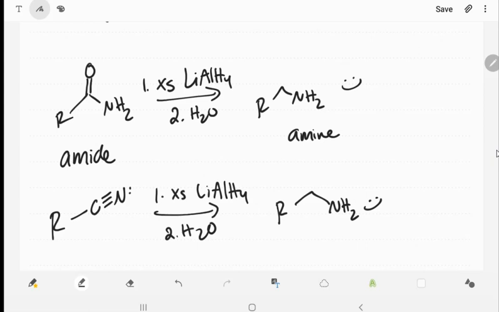So both of these, you can reduce these functional groups and you can get your amines out. So don't worry about mechanisms for these. We'll study these more later on, but I want to give you some synthetic toolkits right away. So you have some ways of making amines that are hopefully pretty easy to see.